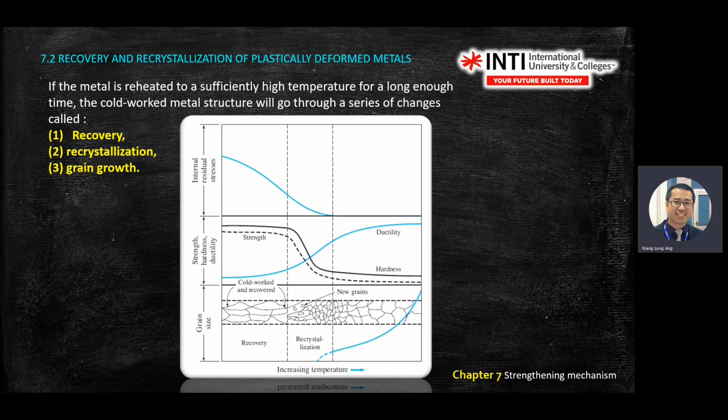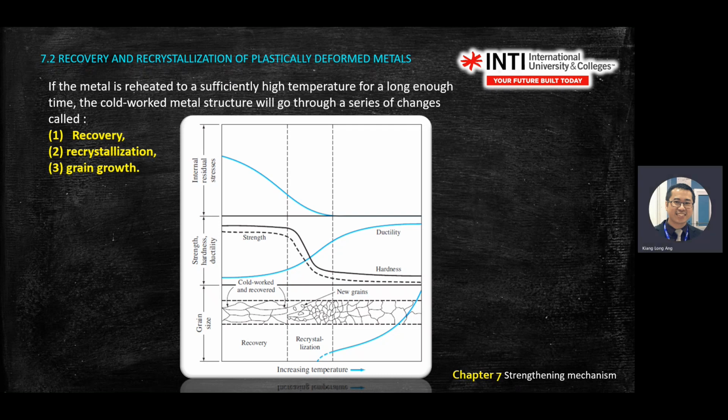So at the maximum point of recovery, it passed the recrystallization already, right? So there will be a start to have more grain happen. Okay. So recrystallization is when a new grain starts to happen. Means new, right?